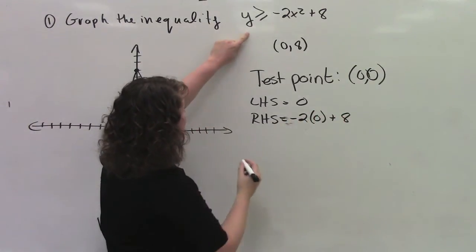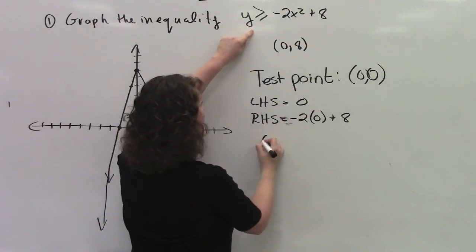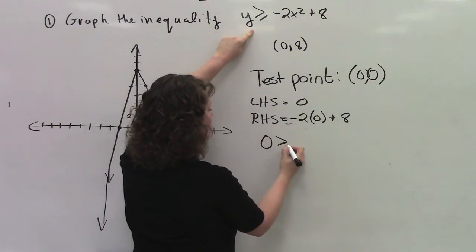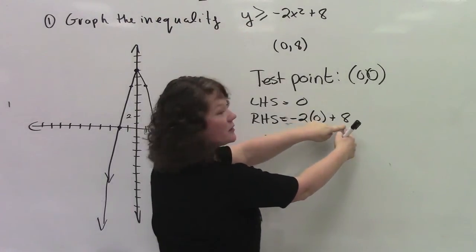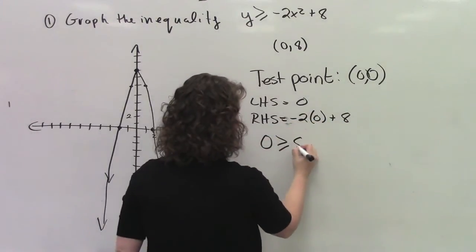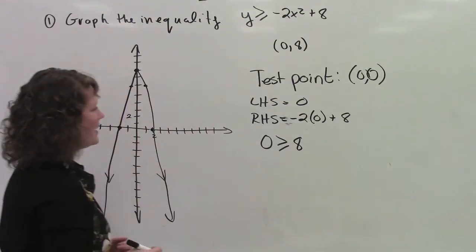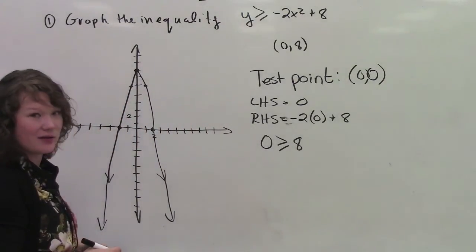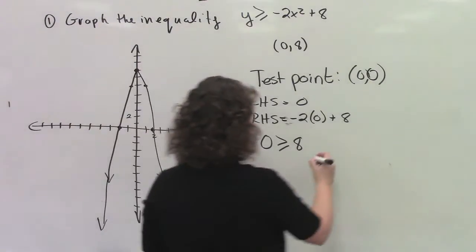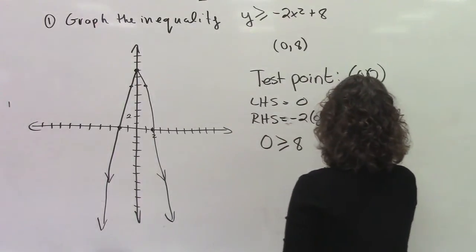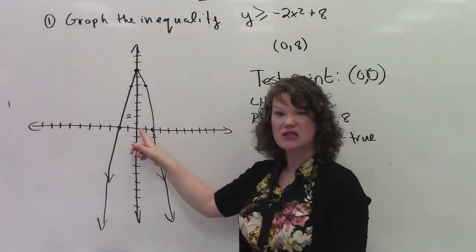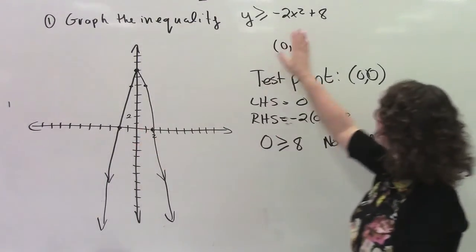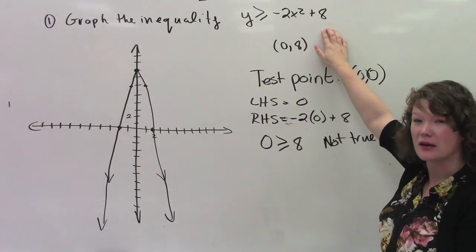It says that the left-hand side, which is 0, is greater than or equal to the right-hand side, which is just 8. Now, is this true? No, it's not true. So then I know that the point 0, 0 does not satisfy this inequality.